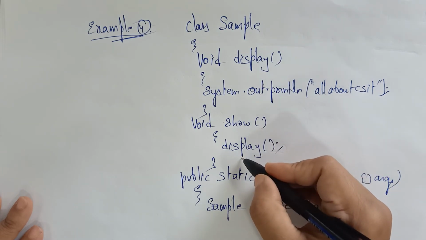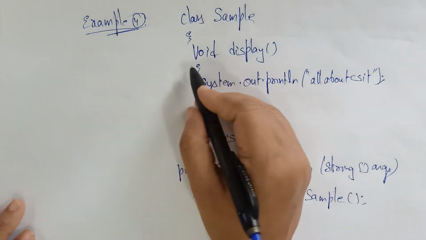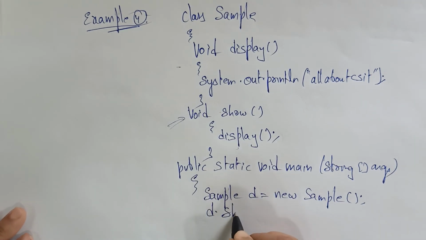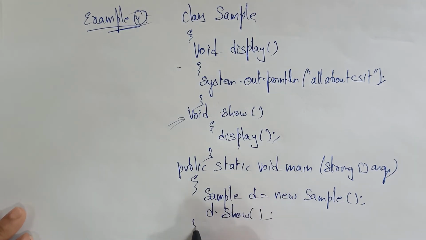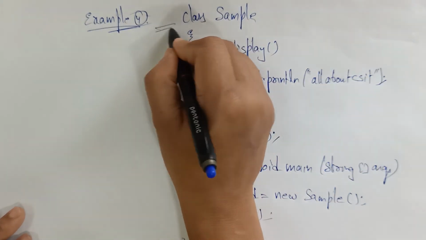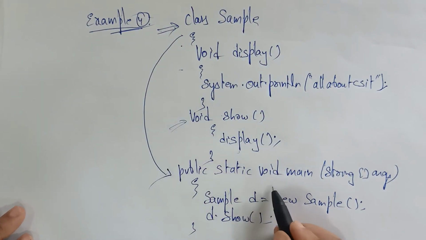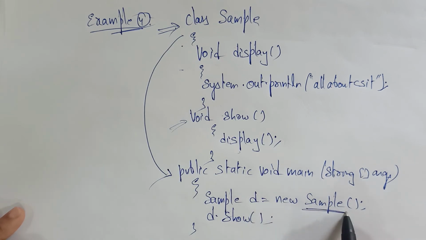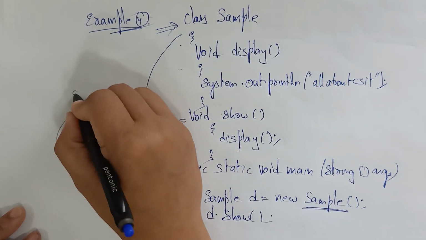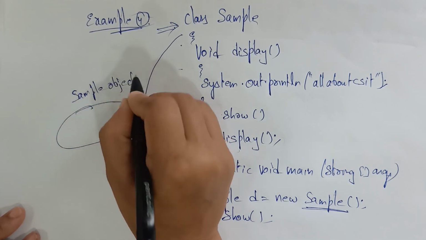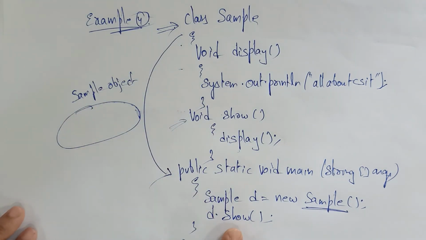Inside the show, display is going to be called. So try to call show, d dot show. So what happens? First the class is loaded, open brace executed, compiler comes to here, the main function, a Sample object is created. So whenever the object is created, it calls d.show.